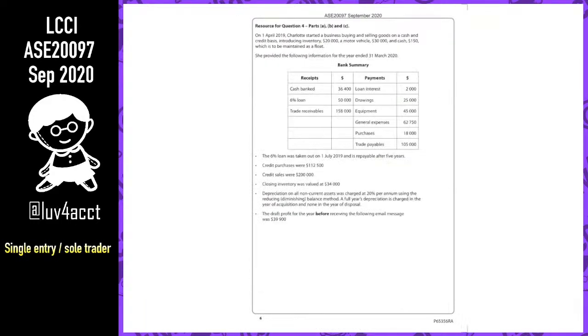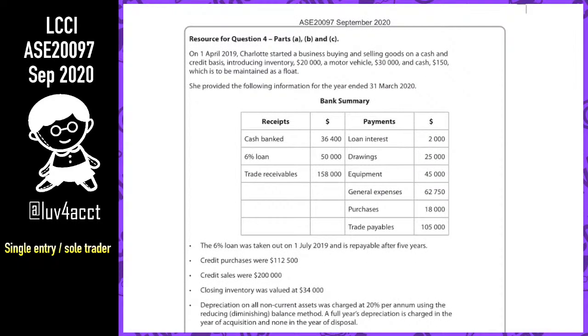So let's see what is given to us. On the 1st of April, Charlotte started business buying and selling goods on a cash and credit basis, introducing inventory 20,000, motor vehicle 30,000, cash 150, which is to be maintained as a float.